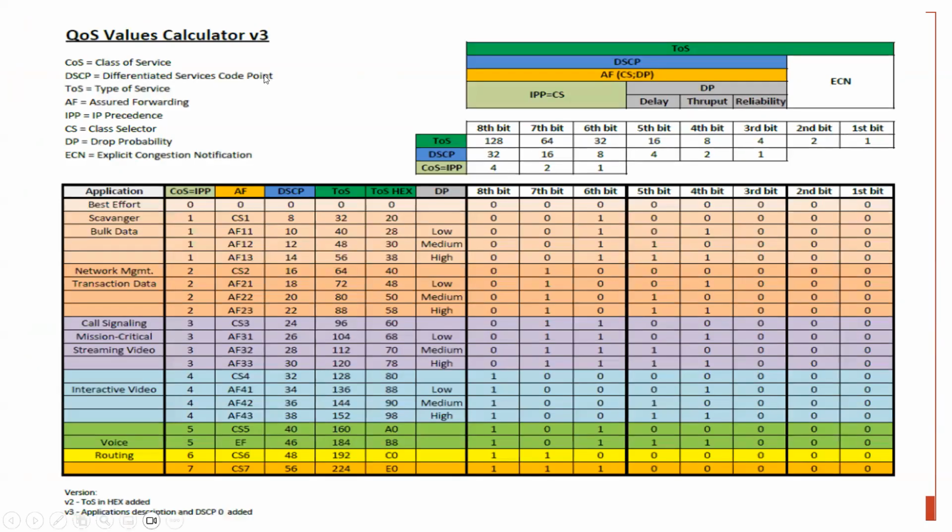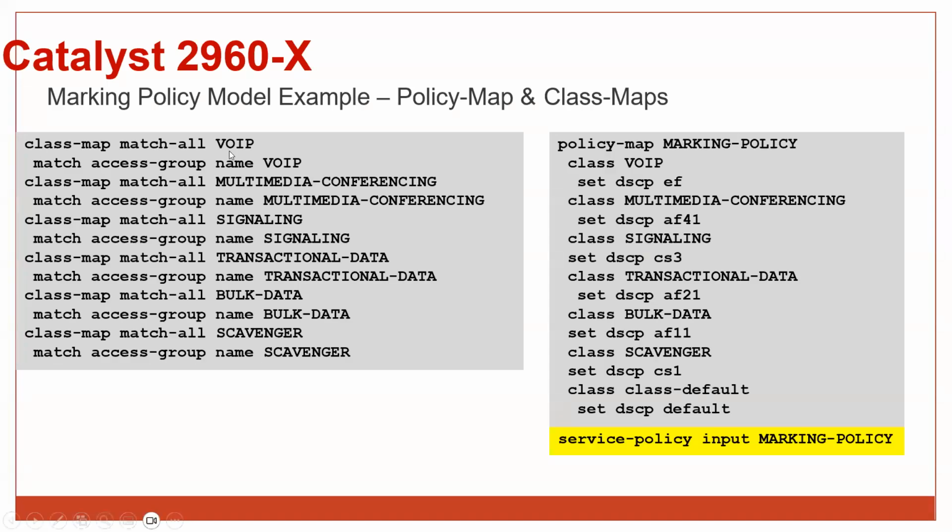So now you can see here in this chart that we are dividing the traffic. See, best effort traffic, network management, signaling, mission critical, interactive, voice and routing. Like that, we can go and divide the traffic, right? So let's see the CLI configuration that we have, how we are first of all creating the classes.